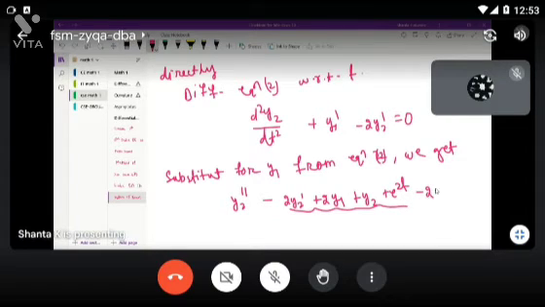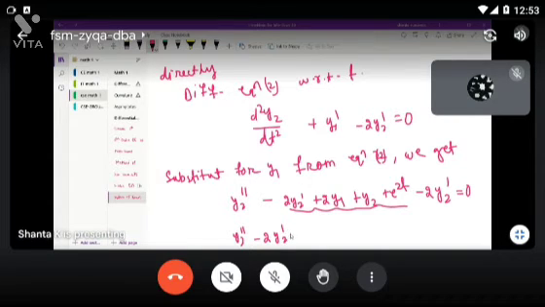Then minus 2y2 dash equals 0. Now we have y2 double dash, minus 2y2 dash, minus 2y2 dash, so we have minus 4y2 dash.